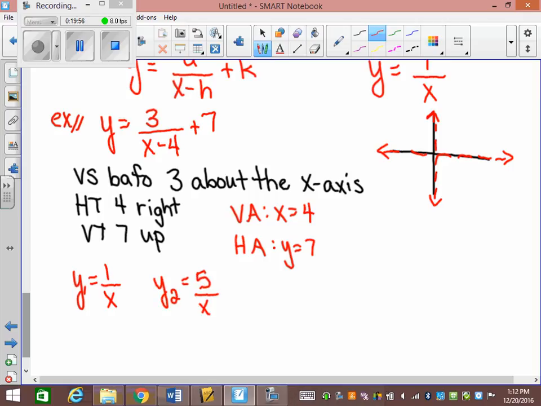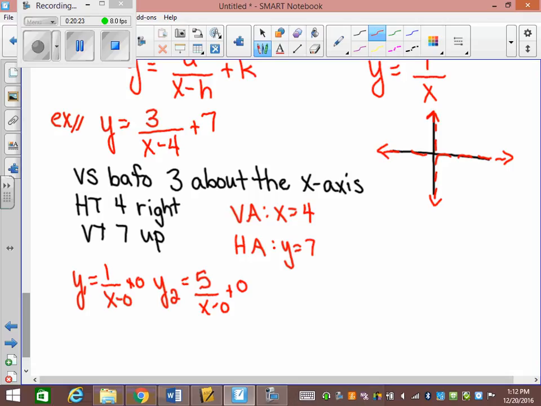What happens? Just a vertical stretch, right? Did my asymptotes change? No, because I'd have x minus 0 here, technically, and a plus 0 at the back. So that was a 0, 0. Here I'd have a 0 and a 0, technically, if I drew it in that form.